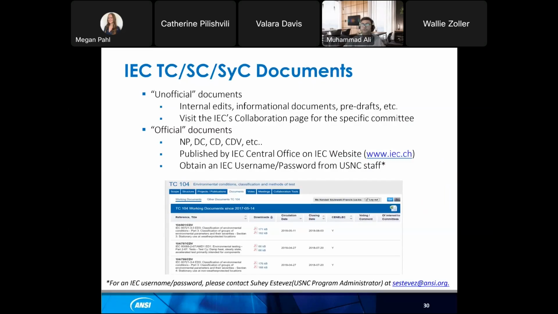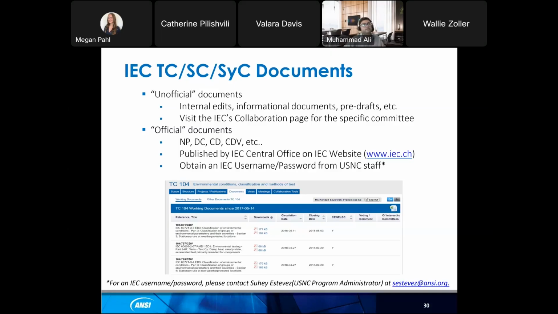So how do you actually get these documents? There are two ways to get documents. Of course, when you're participating as an expert in those working group meetings, you will have access to what we call the IEC collaboration platform. The IEC collaboration platform is kind of like a project management tool to help you get access to any documents that are being circulated within the committee itself, right? In most cases, these are the unofficial documents, so these are the working drafts.